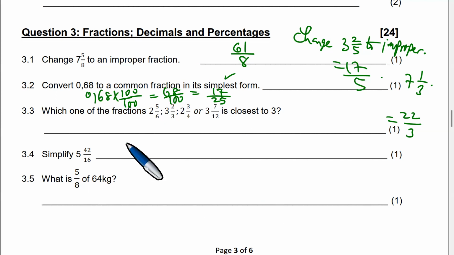Seventeen out of 25. Okay, if you look at 3.3, which one of the fractions is closest to 3? Which one, Lindsay? Is it 3 and 2/3? Why? Wait, no, sir. Is it 2 and 3/4? Let's take a look and see.